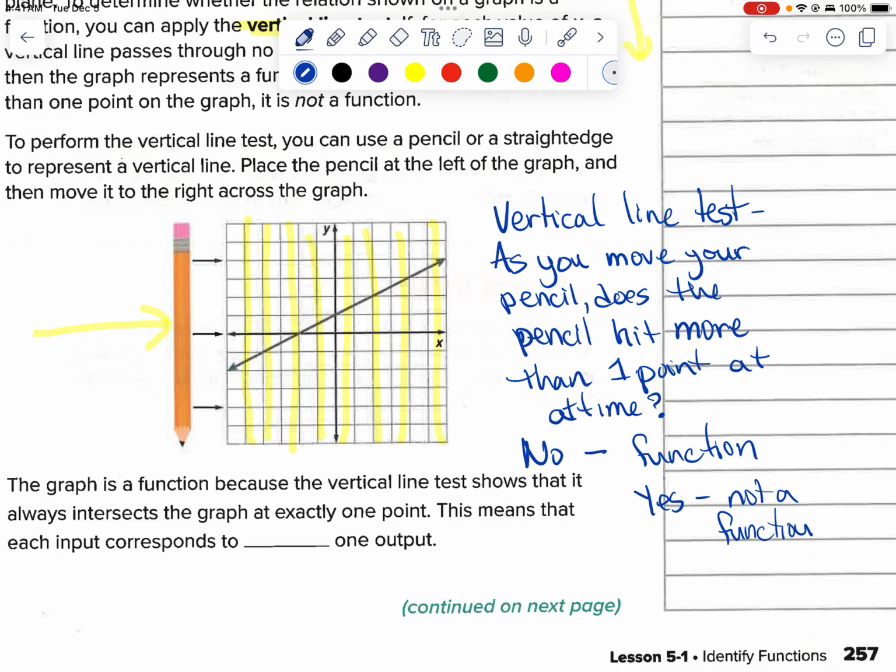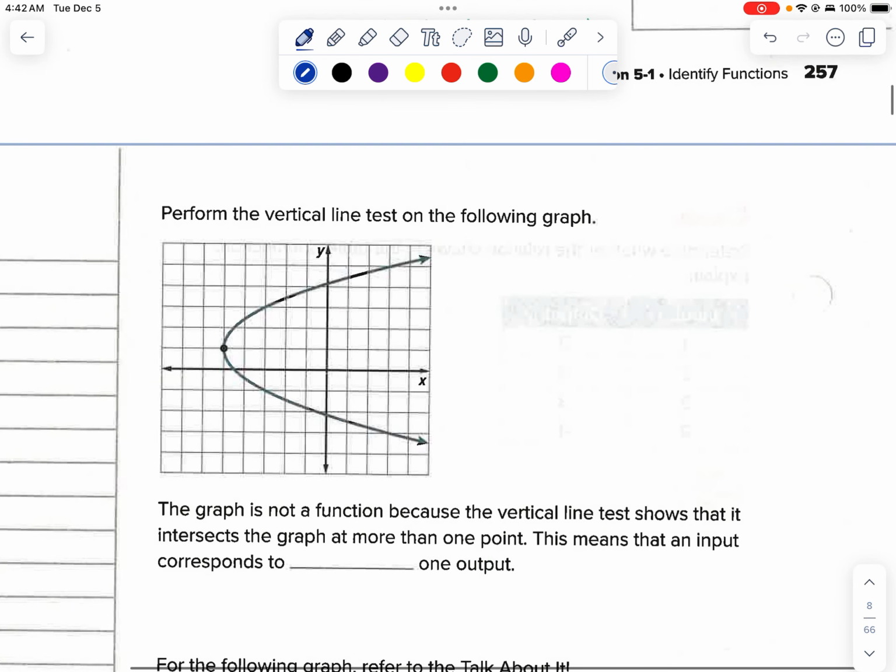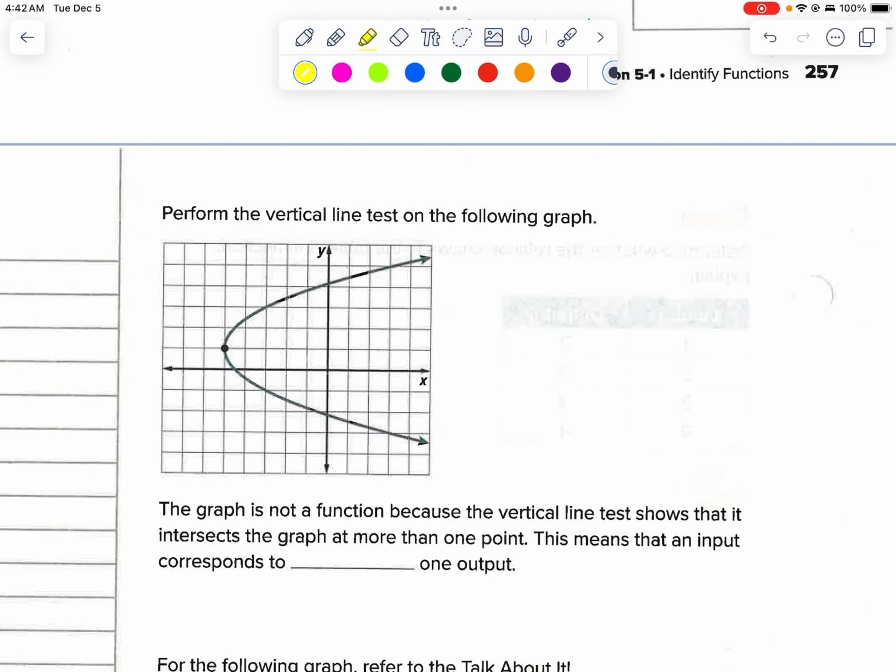Okay. The graph is a function because the vertical line test shows that it always intersects the graph in exactly 1 point. This means that each input corresponds to one output. This is the most important phrase if you hadn't noticed yet. So this one, as soon as I draw a vertical line right here, this hits the graph in this spot and in this spot.